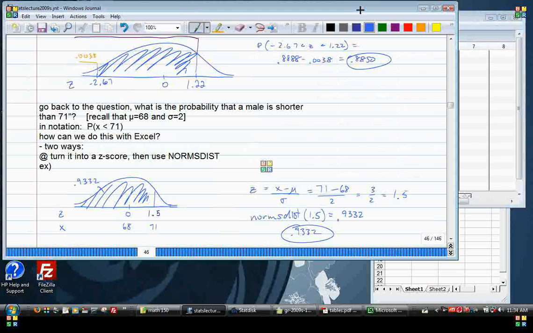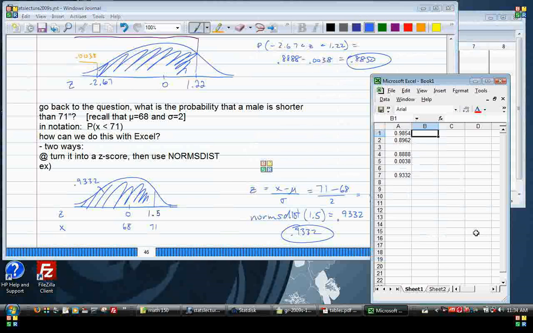If you use Excel, you can just punch all those things in if you know the proper command. The proper command is NORM.DIST. What does the S stand for? The S stands for standard. When we talk about the standard normal distribution, that means in terms of z-scores.